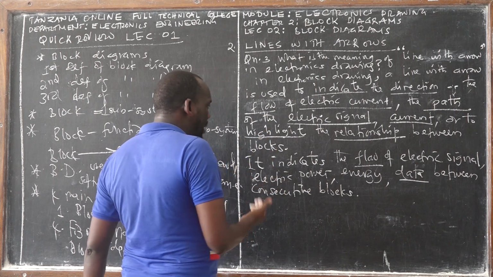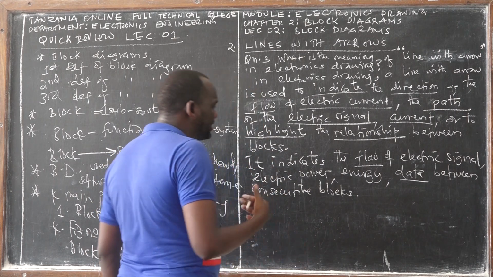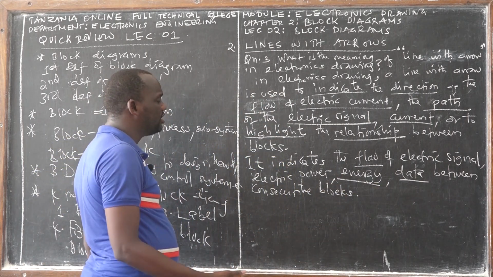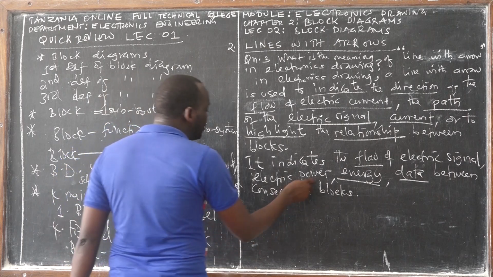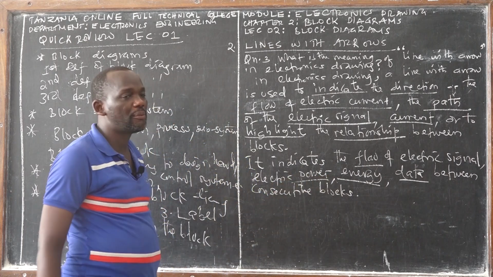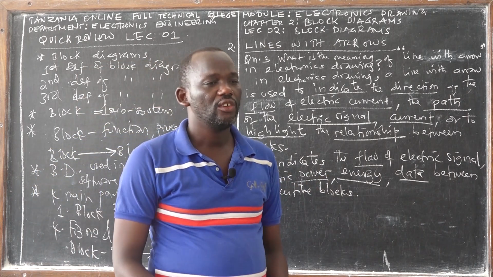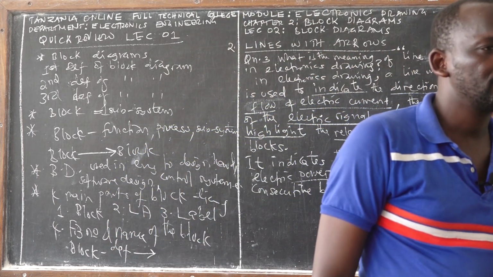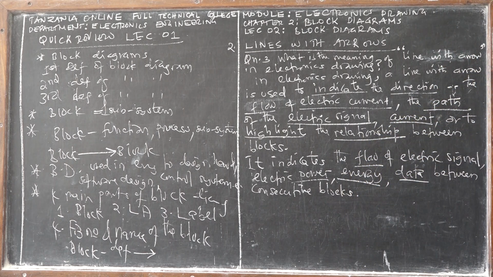So when you hear about energy signal, data signal, electric signal, power signal, and so on, I know that in your mind you can create some questions, and one of them is, what is the difference between power signal and data signal, and what is the difference between energy signal and electric signal.